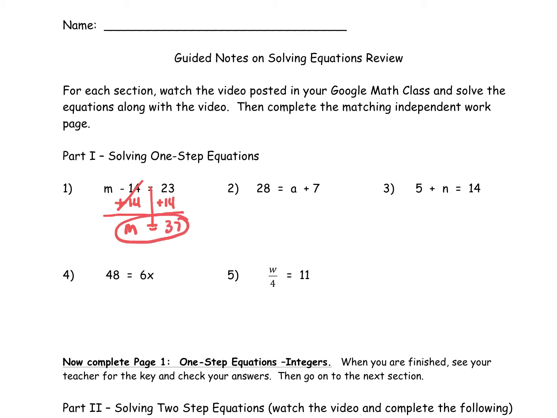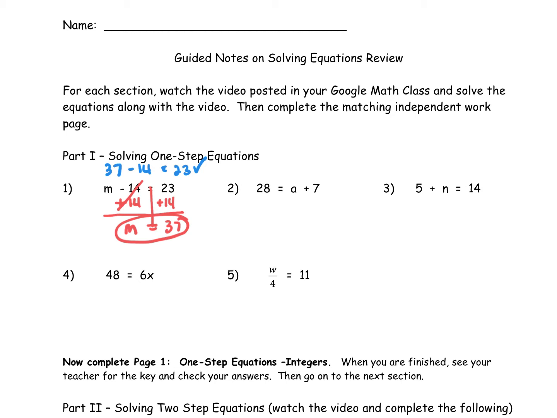It would mean that if we replaced m with 37 and then we subtracted 14, we would get back 23. And this is referred to as a check. For today's purposes, we won't complete all the checks, but I always use a check myself personally if I'm unsure of my answer. So our next equation, you're going to notice that the variable is on the right side.